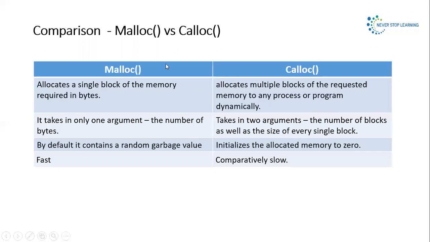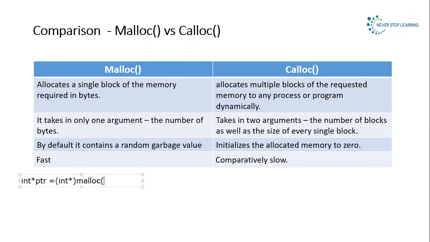Let me take one example so it will be clear. For malloc, I'm taking an integer pointer ptr, and this ptr is equal to the casting type, here int pointer, and we will use malloc.